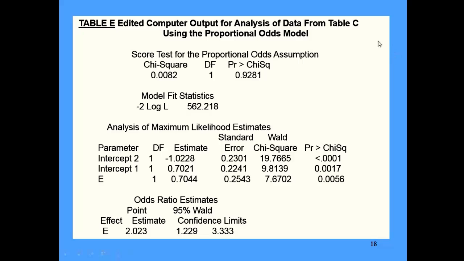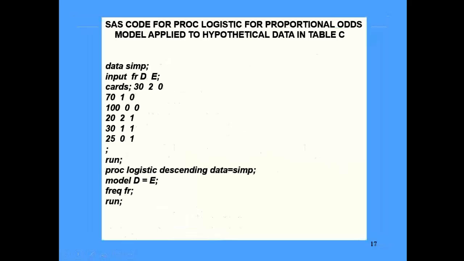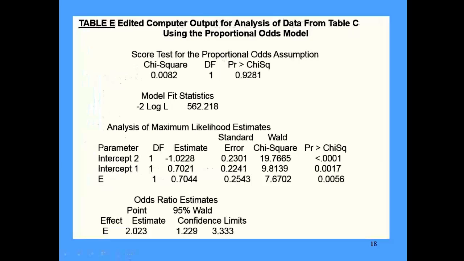Then I think it automatically prints this out if you just write the code that I showed you, and I didn't even write RL for risk limits or getting the confidence interval. It automatically gives you these odds ratio estimates. And look, it says E because that's the only variable in this model. You're not going to get an odds ratio estimate for the intercept, just for E, because the intercept you're not interested in.